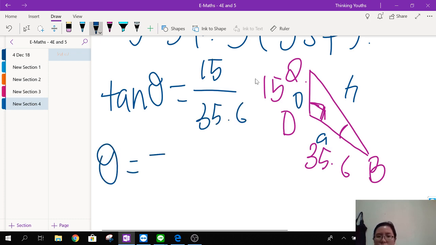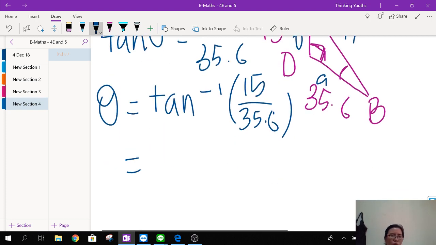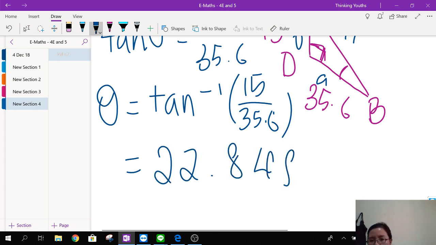So inverse tangent 15 over 35.6 will give you 22.848.